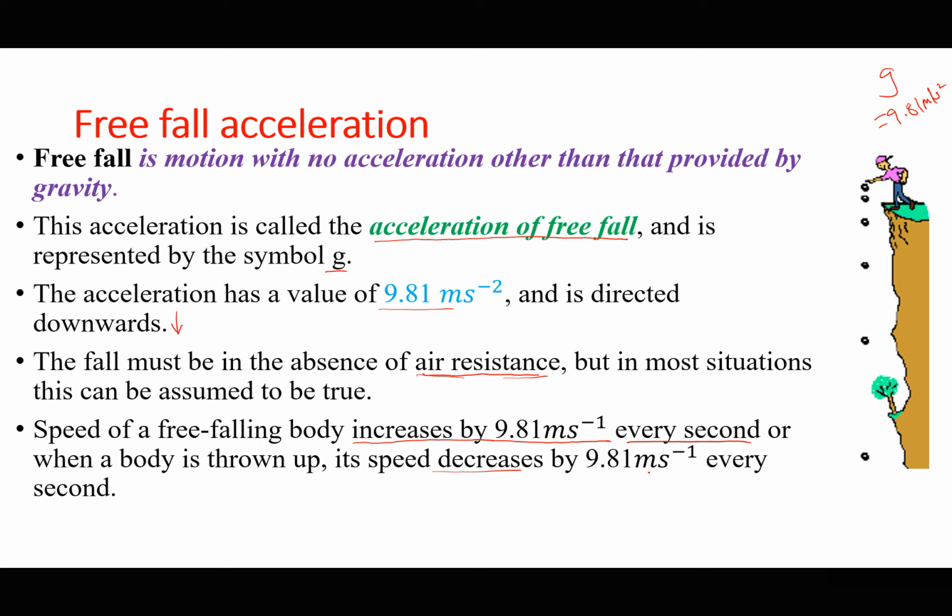In fact, the equatorial radius is bigger than the polar radius, which means the value of acceleration of free fall on the equator is not exactly the same as at the poles, but on average it is approximately 9.81. We shall see that difference in A level. That will be a unit called gravitation in paper 4.